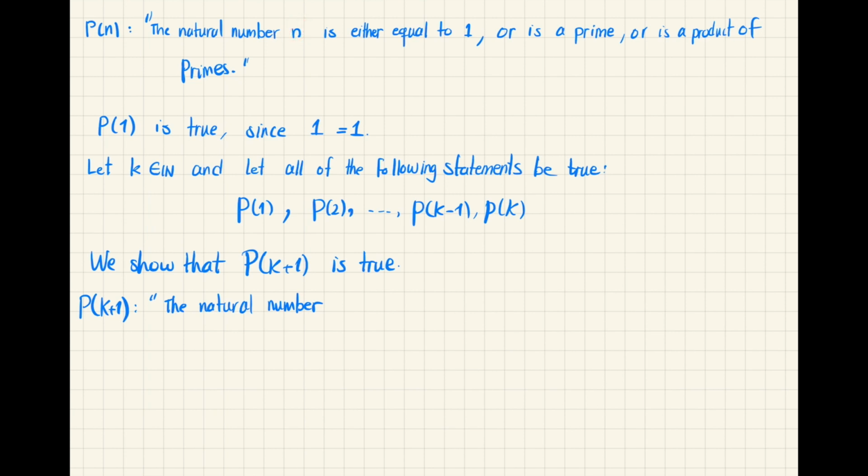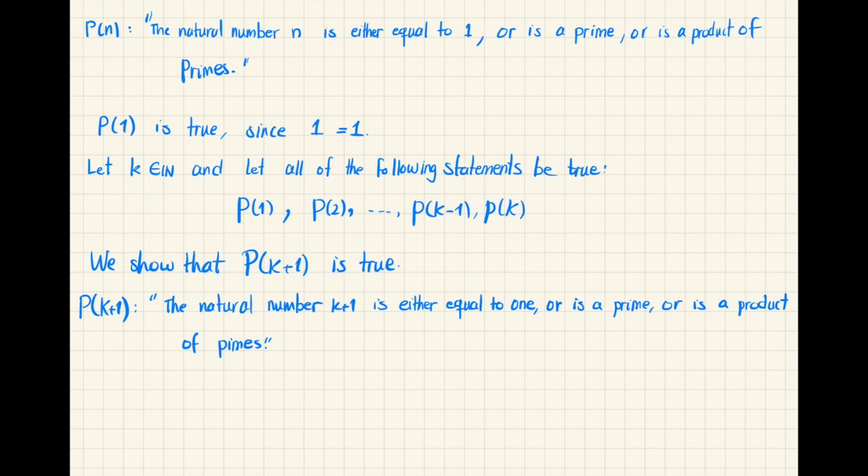The natural number k plus 1 is either equal to 1 or is a prime or is a product of primes. Yes? So this is what I want to show, that it's a true statement.